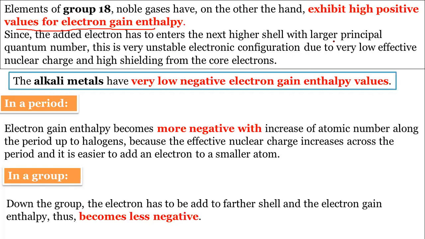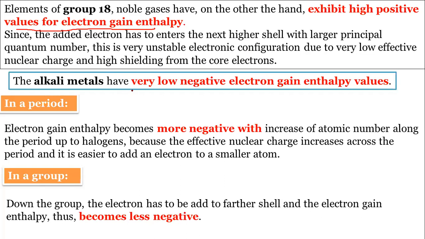If we take neon, the 10 electrons are already complete, and if you add one electron it enters the 3s shell, equivalent to sodium. So electron gain enthalpy values of only group 18 elements are positive. Otherwise, in the periodic table, these values are negative; only the trend is less negative or more negative. So I'm coming to the alkali metals.